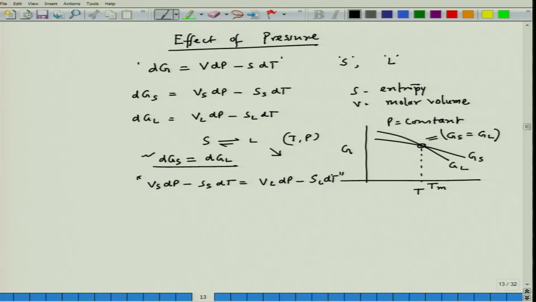We can write it. Now, if we take the pressure term on one side and the temperature term on the other side, we can write it as (Vs minus Vl) dP equals the temperature term.